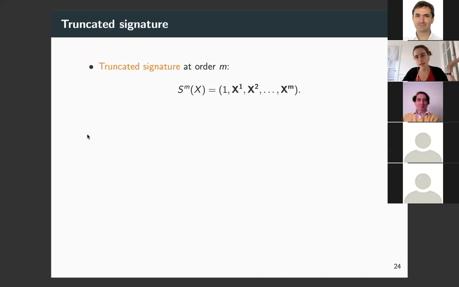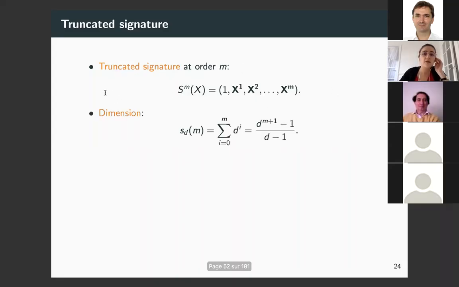And in practice, we don't like infinite objects, so we truncate these tensors up to order m. We call S^m(x) the finite vector, and the dimension is d to the power m.